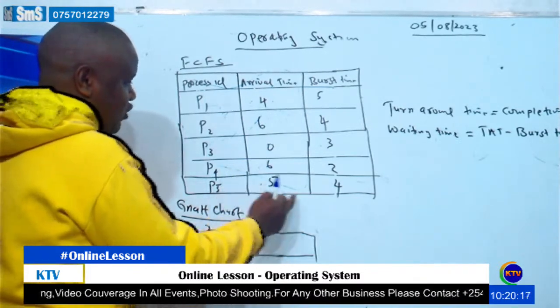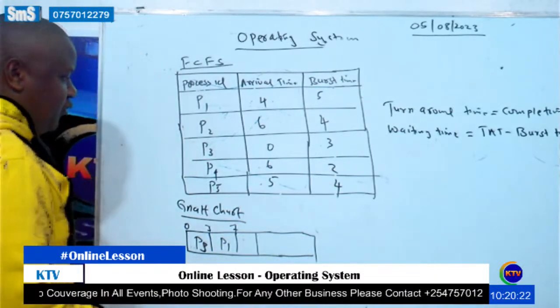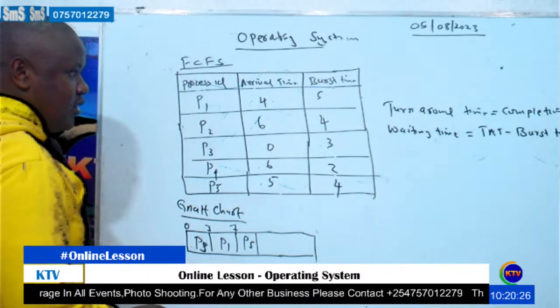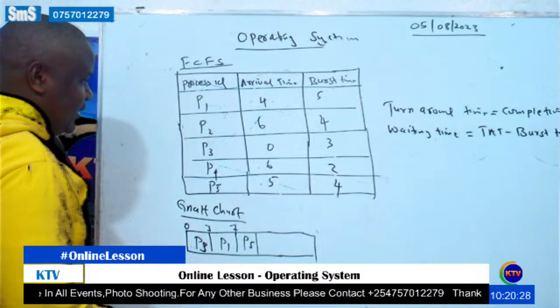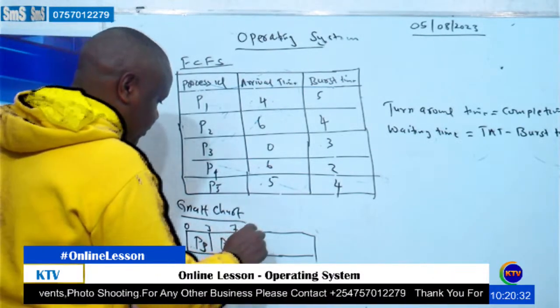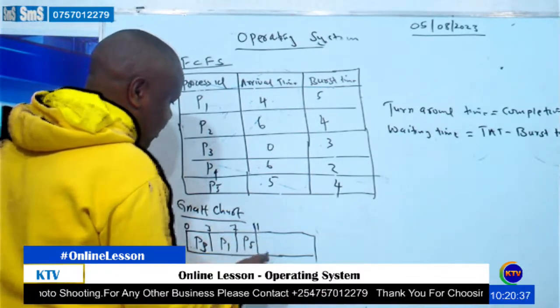It took how long? 4 minutes. So what is the completion time for process 5? 7 plus 4, which is 11.